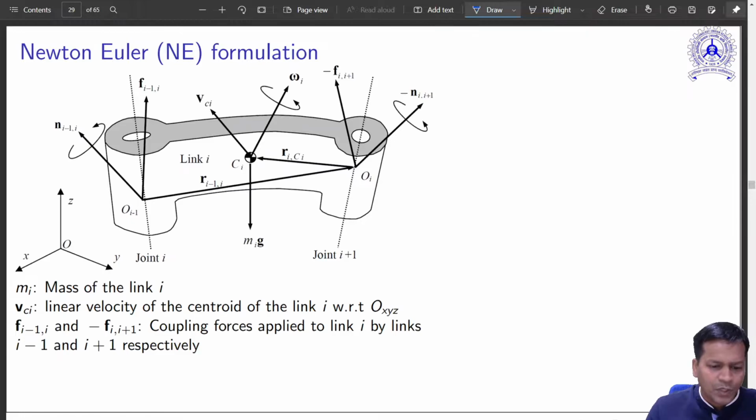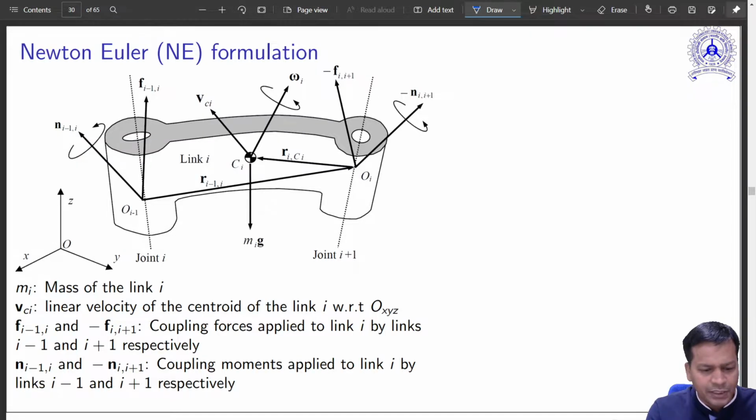Now Fi-1,i and Fi,i+1 are coupling forces applied to link i by links i-1 and i+1 respectively. Similarly, these are the moments acted on this link and the moments acted by this link on the links coupled to it.